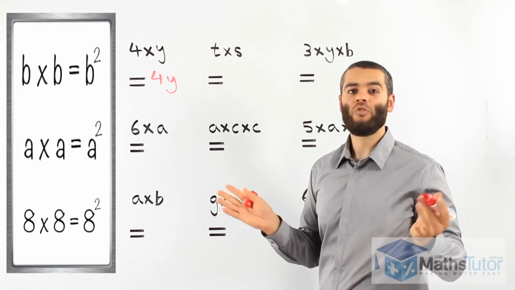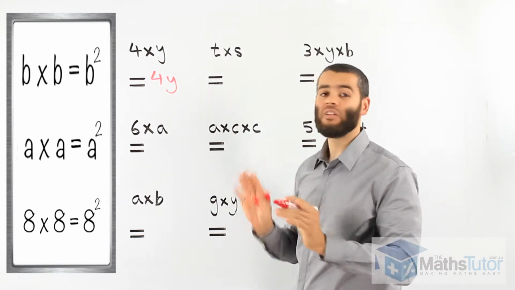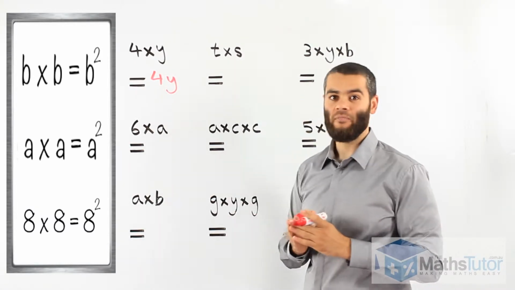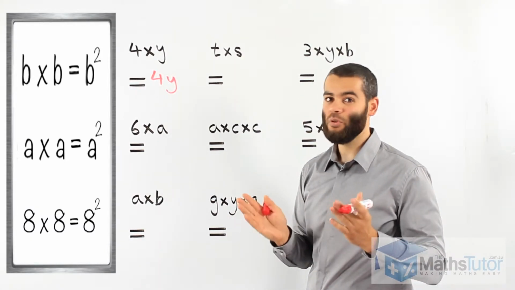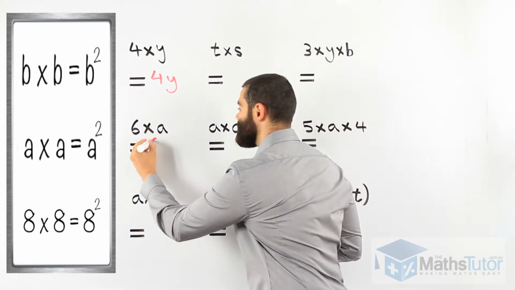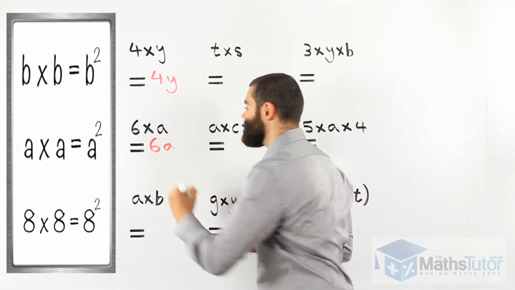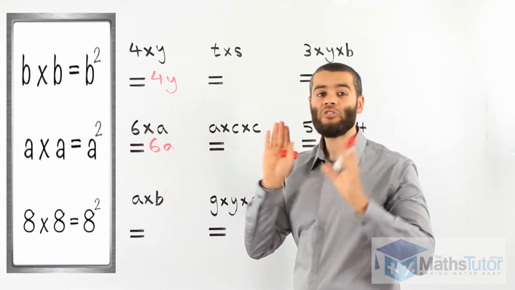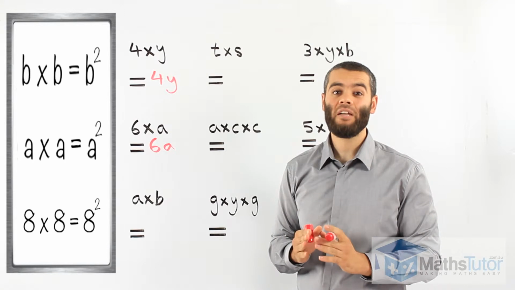That's it. All we've done is just get rid of the multiplication sign. 6 times a. How do we write it? Simple rule. We just get rid of the multiplication sign. 6 times a is the same as 6a. So whenever you see 6a, you know straight away it means 6 times a.